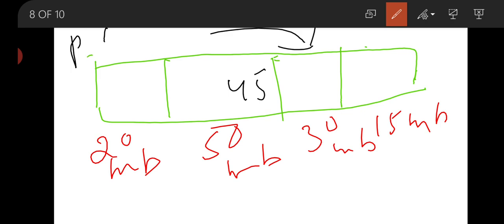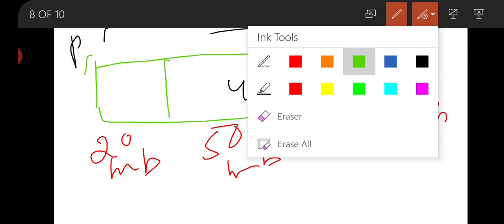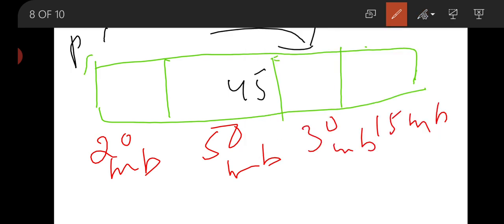Now see, if any process P1 is going to be executed and P1 requires 45 MB, then this will be sent to memory block 2. And if any other process P2 comes and needs only 18 MB, then this memory block is allocated.